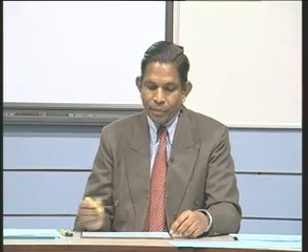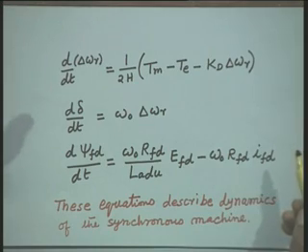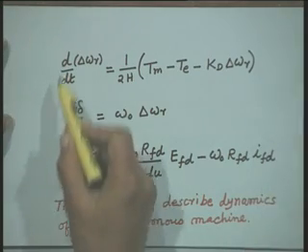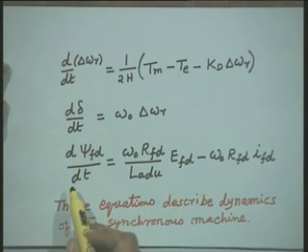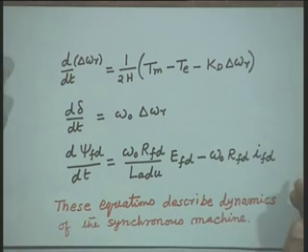Let us now examine the complete model of the system. These three equations represent the complete model of the system. First two equations represent the dynamics of the synchronous machine rotor, or rotor dynamics. The third equation represents the dynamics of the synchronous machine field winding.